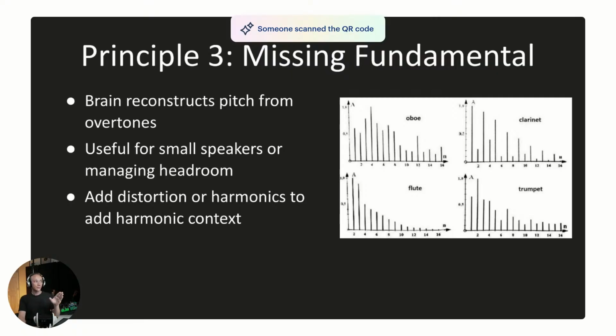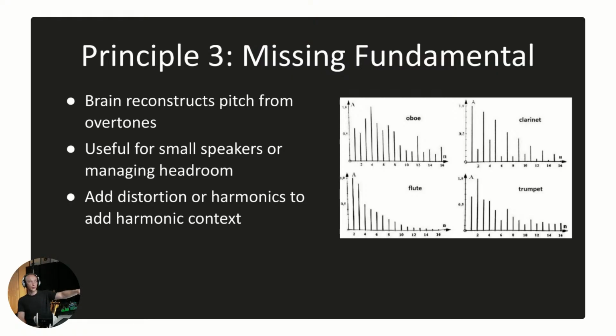So the oboe, clarinet, flute, and trumpet, they all have the same overtones, the same harmonics, but the blend or the distribution of energy throughout those harmonics is different. And that is what I'm discussing in this next clip.